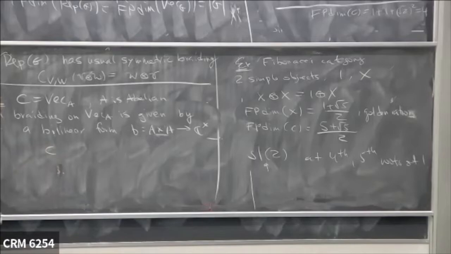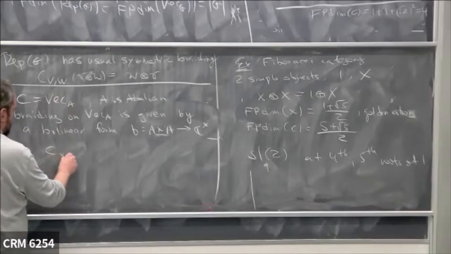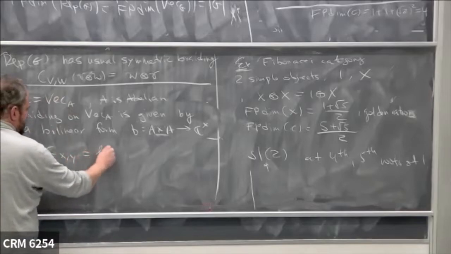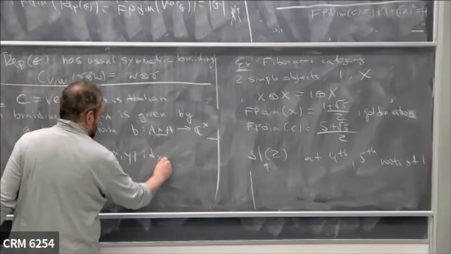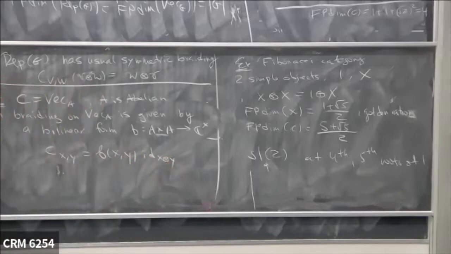So look, it will be convenient if I identify simple objects with elements of A here, right? So then the braiding of X and Y will be B(X,Y) times the identity on X tensor Y, or X plus Y, like this. Okay. Again, this axiom kind of manifestly tells you that you need linearity in both arguments, right?